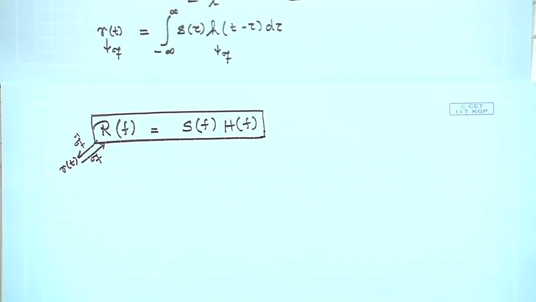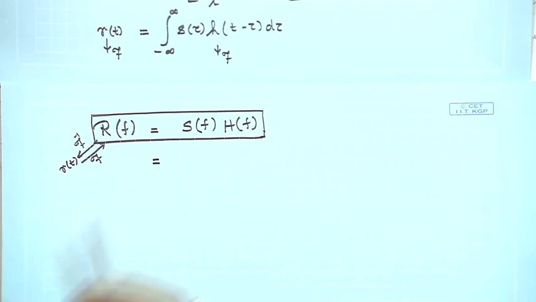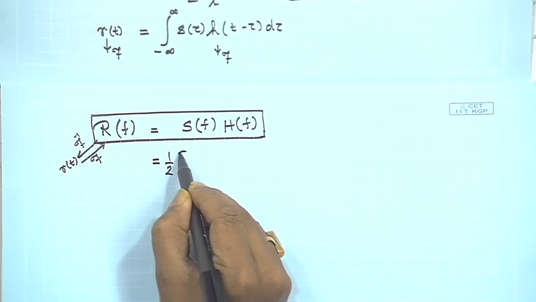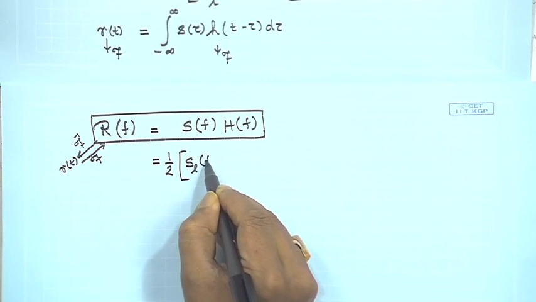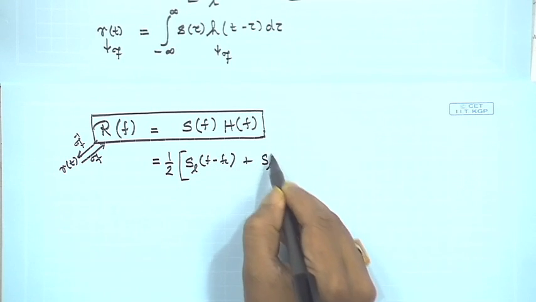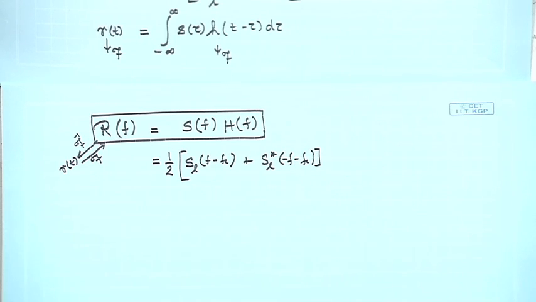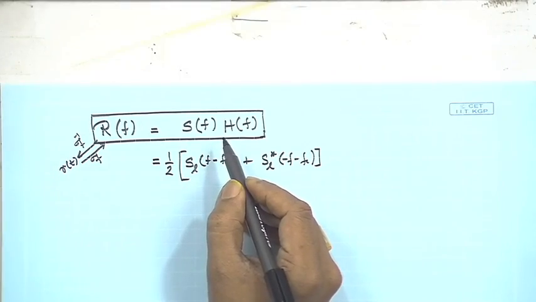Now, we have already seen that S(f) has an expression which is S_L(f minus f_c) plus S_L conjugate(minus f minus f_c), and H(f) we have already defined here.